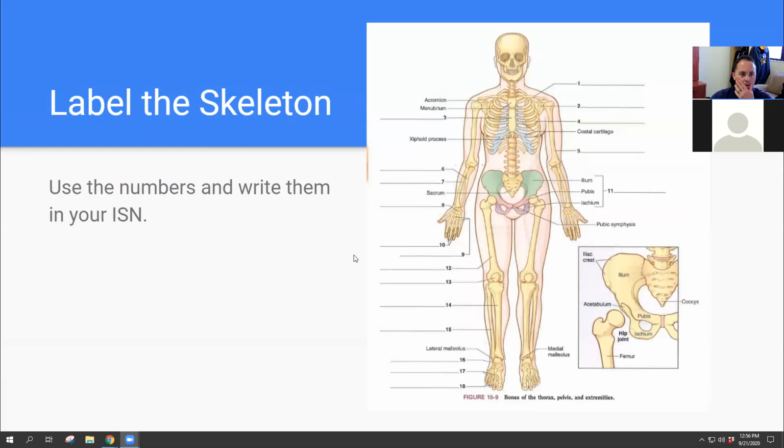So now what I want you to do, I want you to get out an ISN or a piece of paper, preferably an ISN. I want you to open chapter 15, part 1, and I want you to list these bones and label them, okay? So just write down 1 to 18 and label what bone 1 is, what bone 2 is, okay?